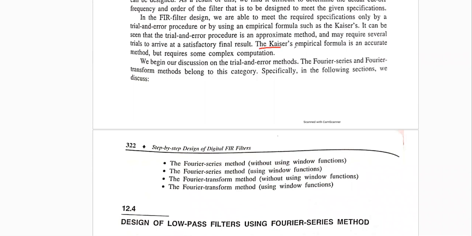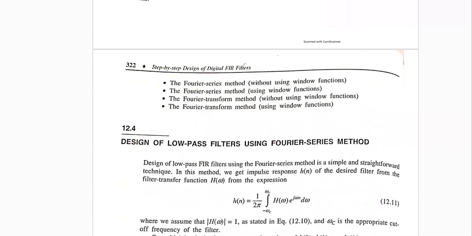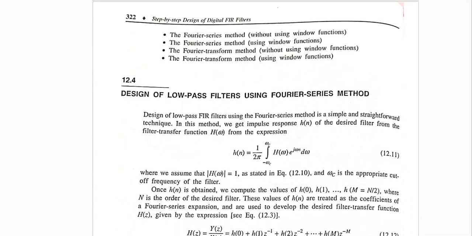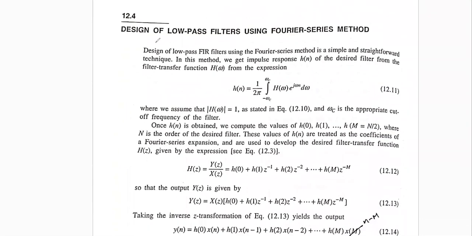This Kaiser is not our Kaiser sir. So Kaiser empirical formula, the Kaiser method is also a very well known and well established method to design the FIR filter. We'll go one by one, and they are not very difficult to understand, very similar to one another.